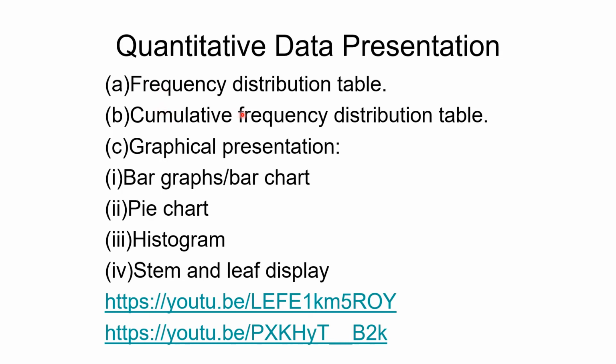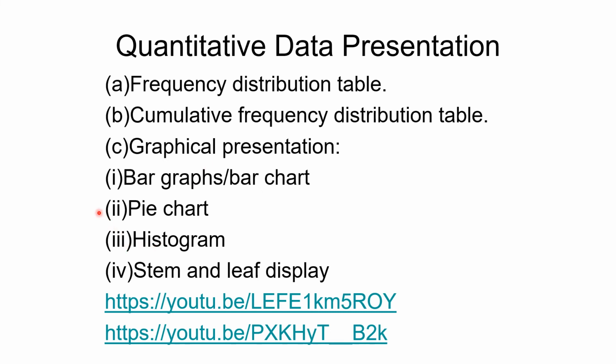So how do you actually represent quantitative data? I'm very sure in high school you have actually used the frequency distribution table, also the cumulative frequency distribution table, or another graphical representation, the third method. So graphical distribution is a bit more popular because it's a very effective way of actually presenting your data, as in your viewers will be very clear, or your spectators will be very clear of what you're trying to actually communicate through data.